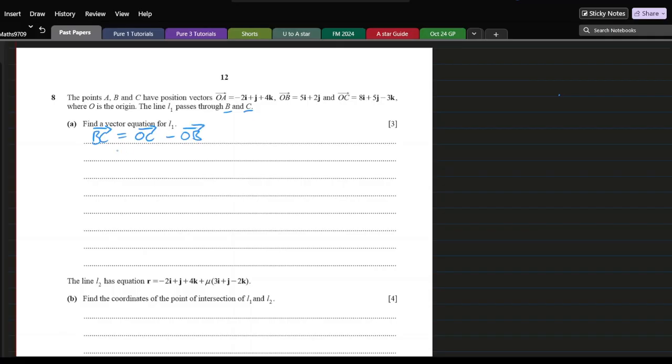Our OC is 8, 5, minus 3, minus OB, which is 5, 2, 0. So this gives us 8 minus 5, which is 3, 5 minus 2, which is also 3, and minus 3 minus 0, which is minus 3.